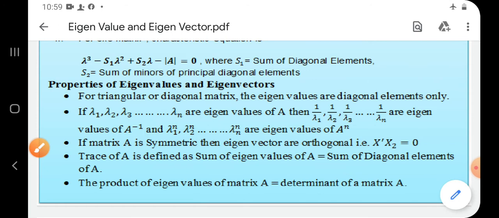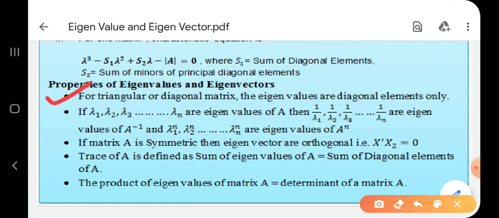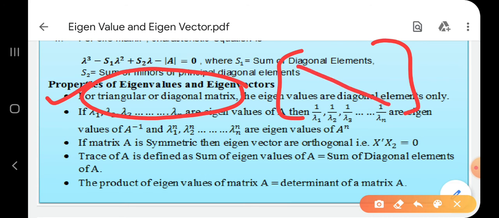Understood? Next, if I have a triangular matrix, this is very important, upper triangular or lower triangular or diagonal, three cases, then the diagonal elements are the eigenvalues. No need to find eigenvalues. Directly from looking at the diagonal elements, we get the eigenvalues of a matrix.